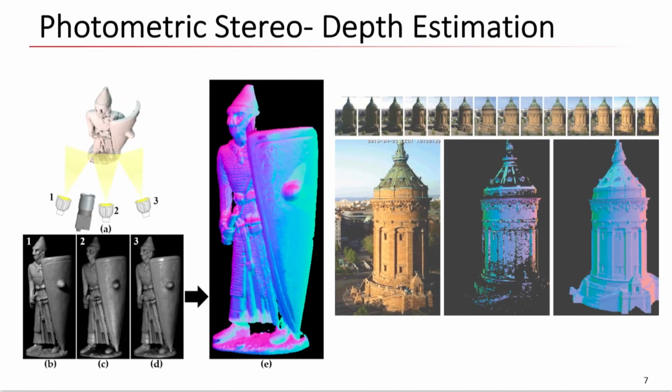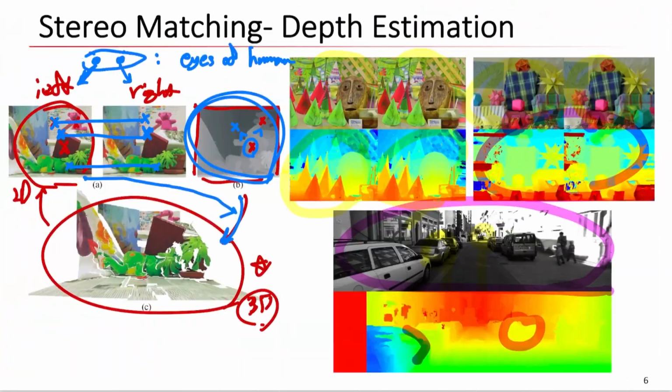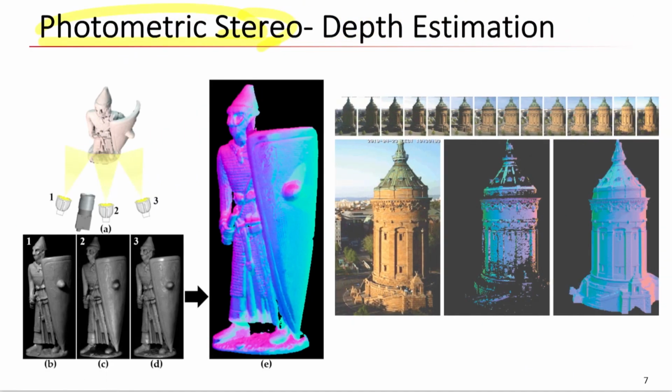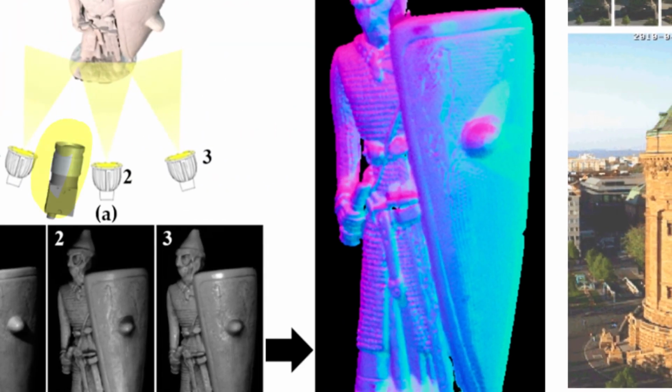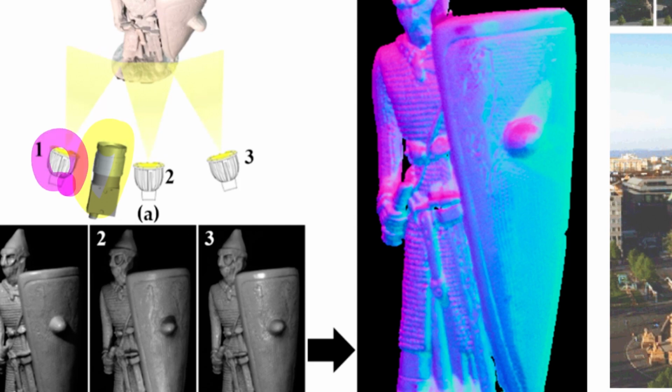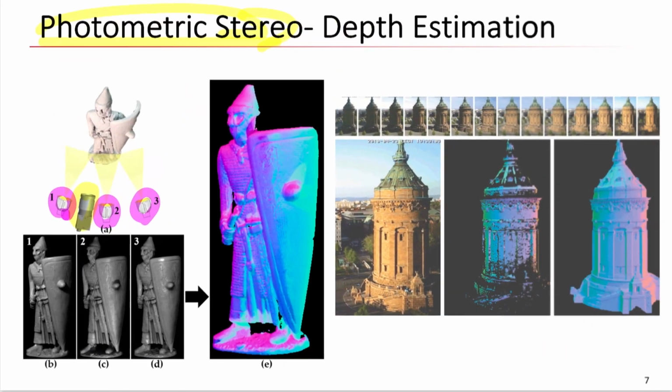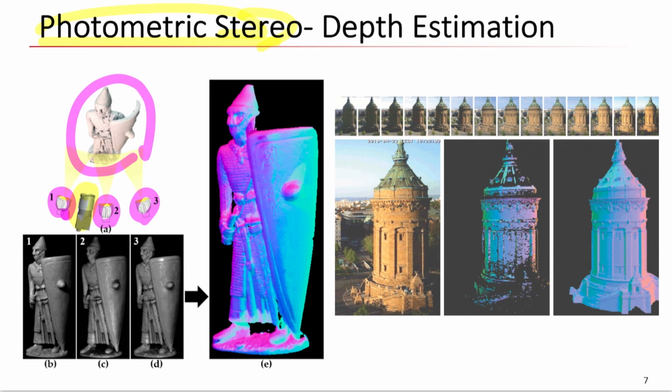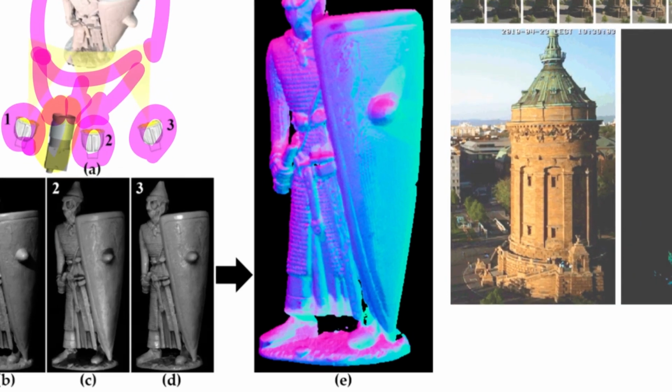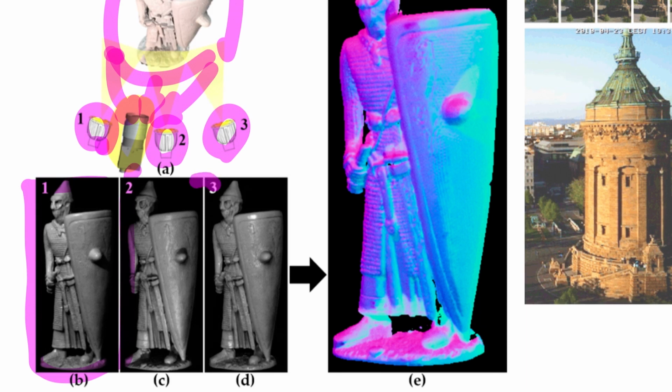And there is another way to find out the depth information, especially photometric stereo. Compared to stereo matching, which uses two cameras, in photometric stereo we just use one camera, but with different illumination. So as you can see here, this 3D object can be projected to 2D space according to the different illumination, something like this, and this.